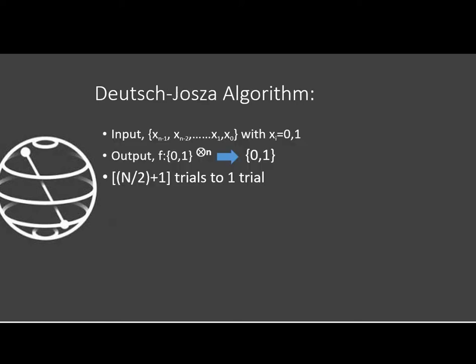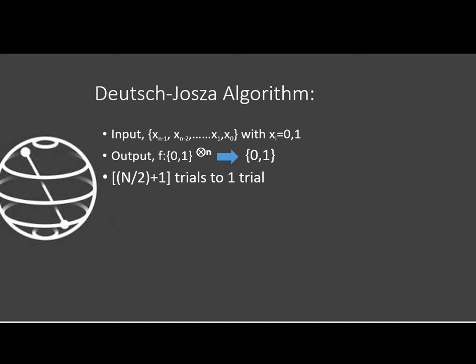The Deutsch-Jozsa algorithm is the extended version of the Deutsch algorithm. We provide more than 1 input, that means n number of inputs, and we get output also of a similar kind, and from that we can find out whether the function is constant or balanced.